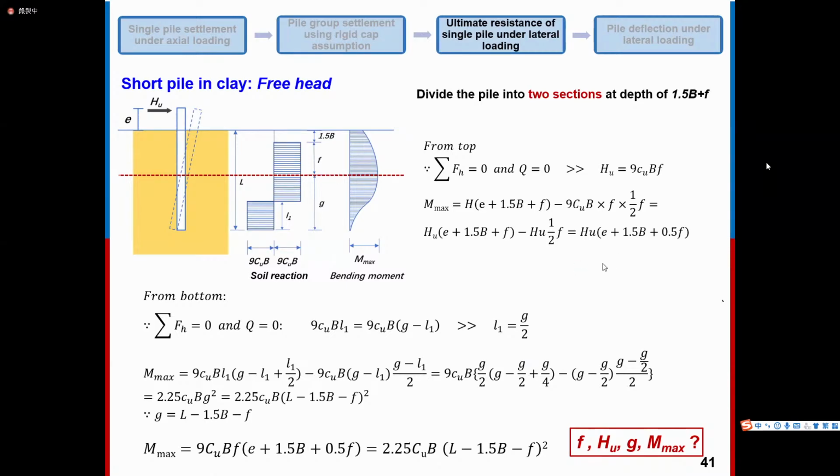As I explained today in the tutorial, for deriving these equations, we normally do the same thing. We cut it here.